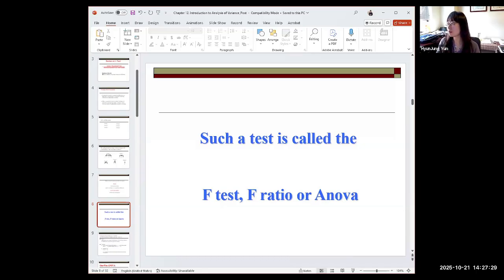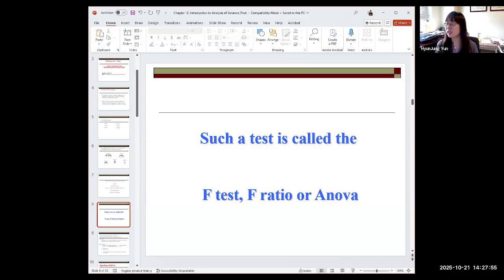But some statistical textbooks and some statisticians actually call the ANOVA test an F test. Why? Because for the ANOVA test, we use the F distribution table. They are different from the Z table and T table that we covered, and I will show you in a minute how they look.